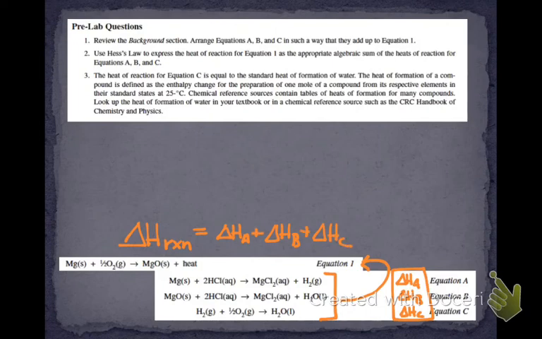Is everything just added together? Did one of them, the sign change, and you have to put a negative in? So you're going to be coming up with this equation using variables since you don't have the delta H values. That's something you'll be calculating in the experiment and then using this equation for your post-lab. So take a look at that.